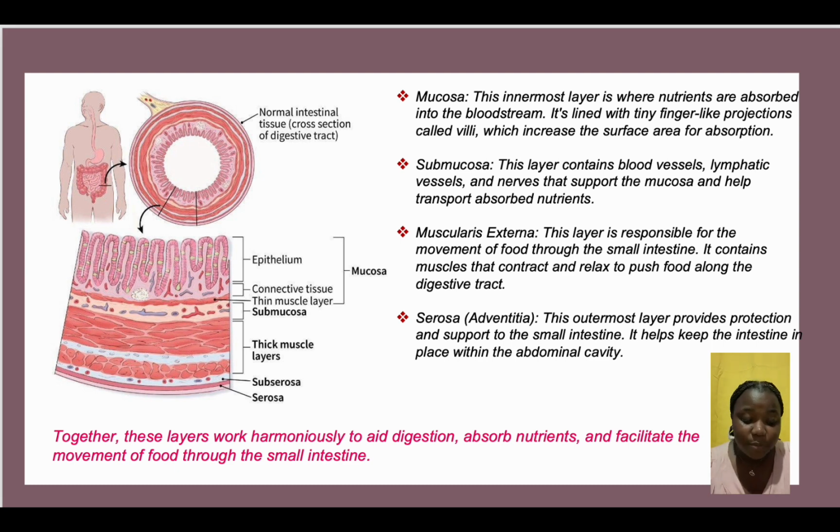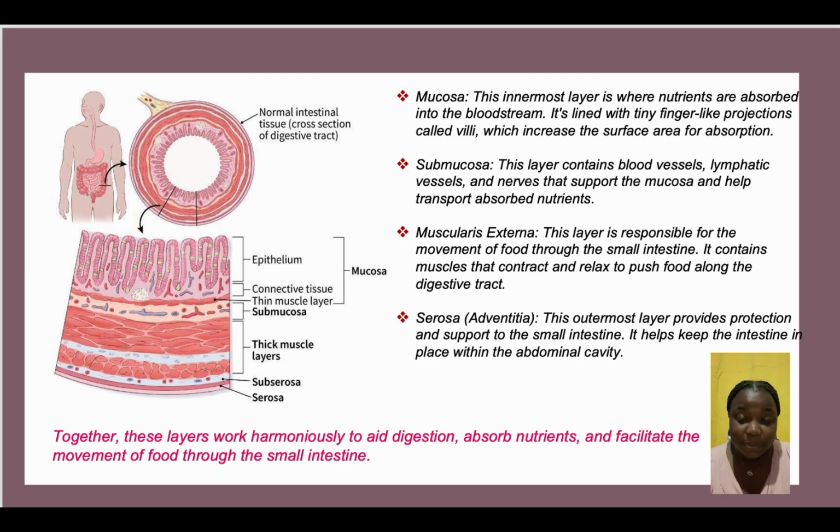Thirdly, there's the muscularis externa. This layer is responsible for the movement of food through the small intestines. It consists of muscles that contract and relax to push the food along the digestive tract. And finally, there's the serosa, sometimes called the adventitia, and this is the outermost layer, and it provides protection and supports the small intestines.